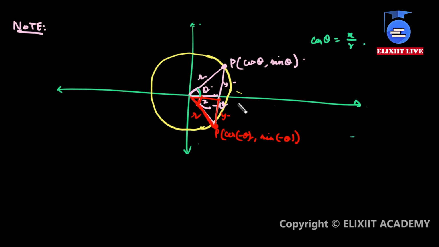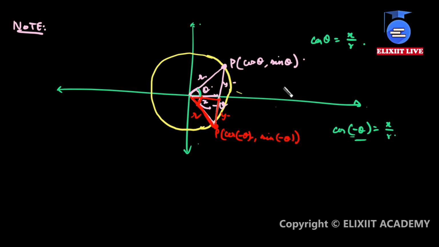But for this quadrant, whenever we are measuring in the clockwise direction, cos of minus theta is also x by r, the same thing. Cos theta is x by r in the first quadrant and in the fourth quadrant, cos of minus theta is the same x by r.